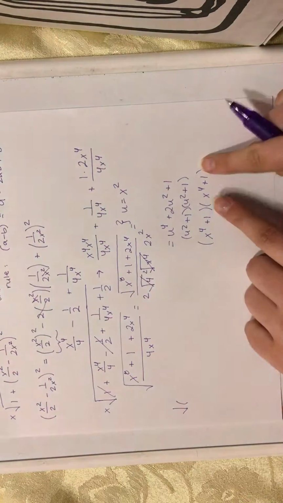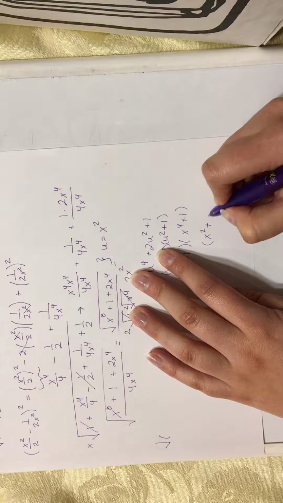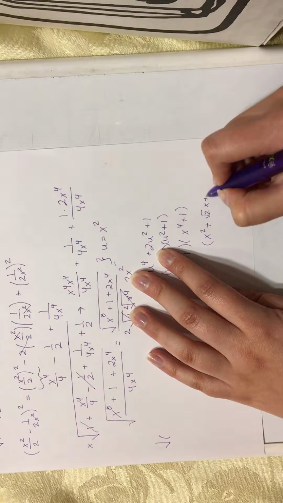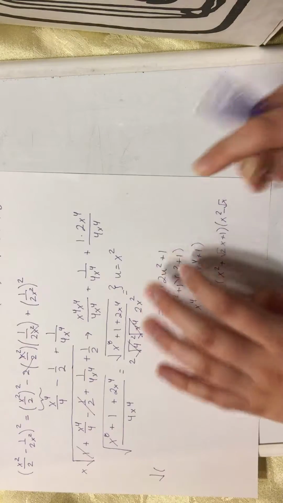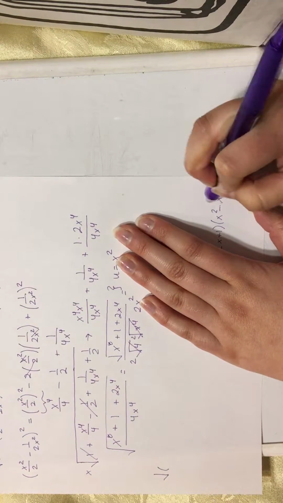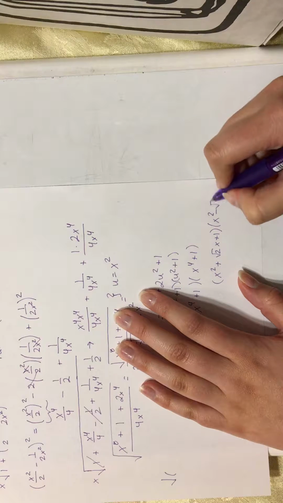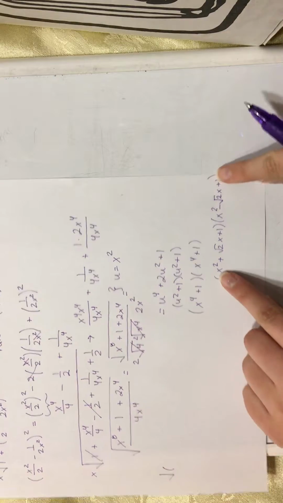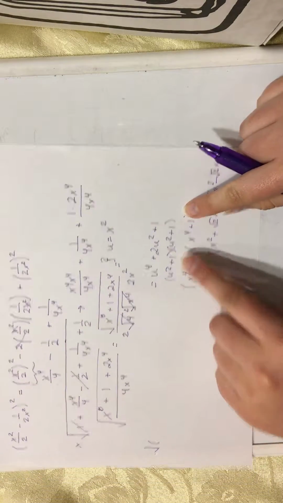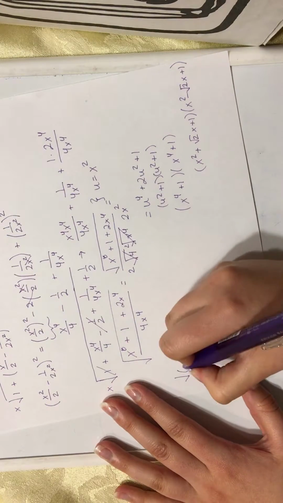Now these are the same. One of these can factor out to x squared plus square root of 2 x plus 1, x squared minus square root of 2 x plus 1. So this is the same as one of these, and since there's 2, these are both going to be squared.